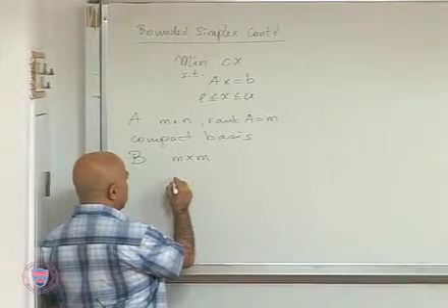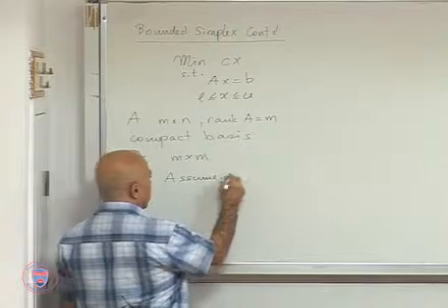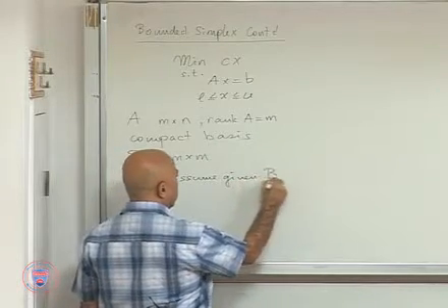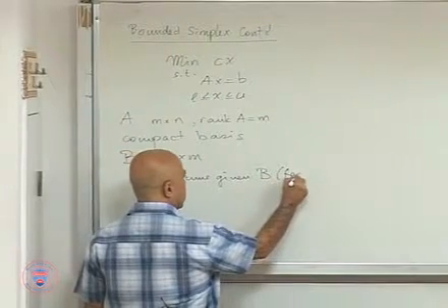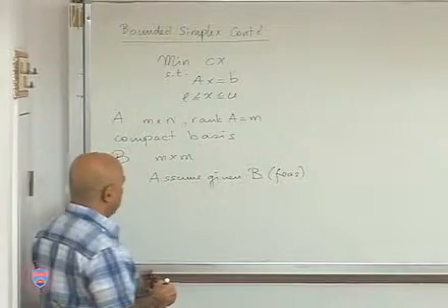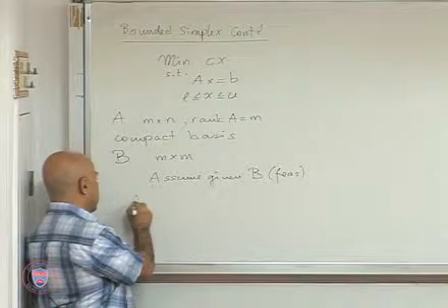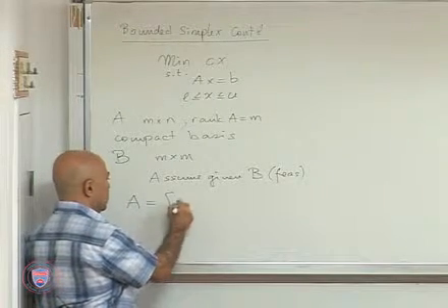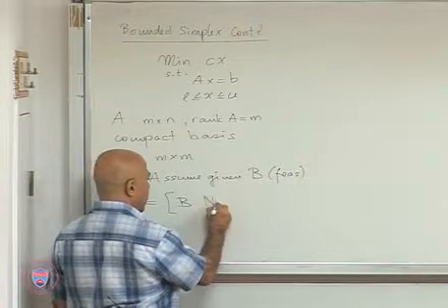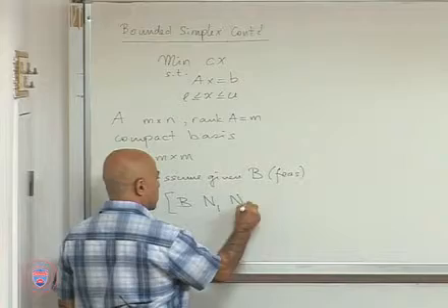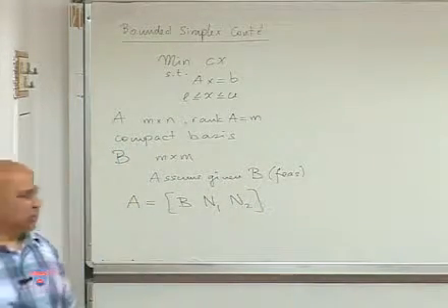And we assume some feasible basis B is given. We assume it's feasible. And the A matrix is partitioned in the form of a basis matrix B with non-basic variables collected in submatrices N1 and N2.